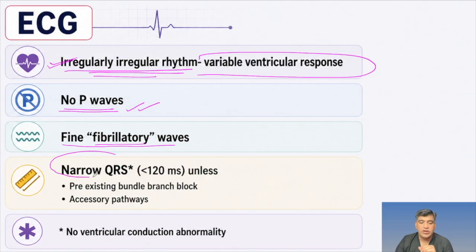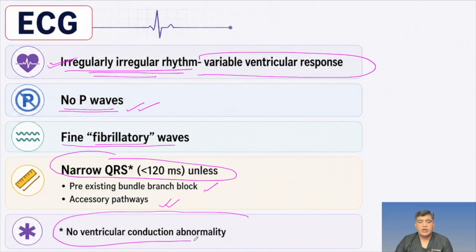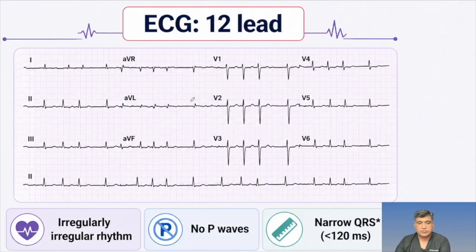All of this with a background of a narrow QRS, less than 120 milliseconds, unless there is some other ventricular conduction abnormality like a pre-existing bundle branch block or accessory pathways. So if there are no ventricular conduction abnormalities, a narrow QRS complex of less than 120 milliseconds, no P waves, and an irregularly irregular rhythm is a hallmark of atrial fibrillation.